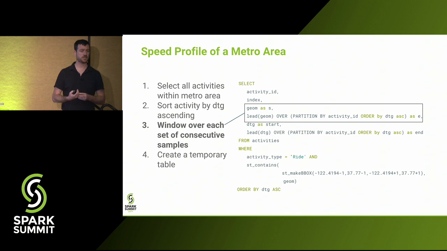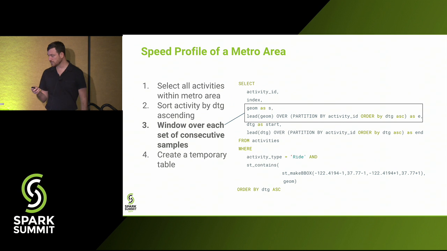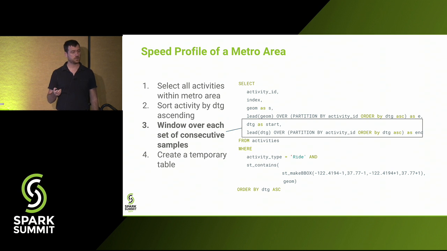So we have to use SparkSQL's window functions in order to do that. So we've sorted an activity by date time, and we can look at each record, which is a point in time, and the next record, which is the next point in time, get the difference between those points, both the distance and the time, and then derive the speed. So we use lead to get those two different points together into one row.